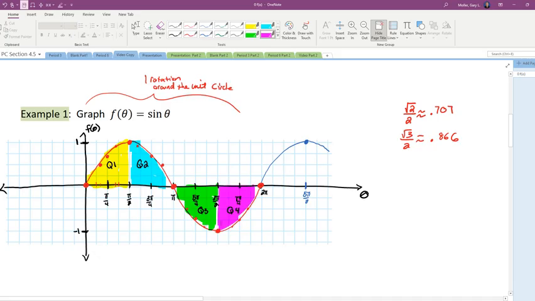And so if we just keep going with our graph, again, I've counted over by 4. 1, 2, 3, 4. So that's going to be negative pi over 2. But negative pi over 2 is coterminal with 3 pi over 2. And so we'll have the same y value, which would be down here at negative 1.